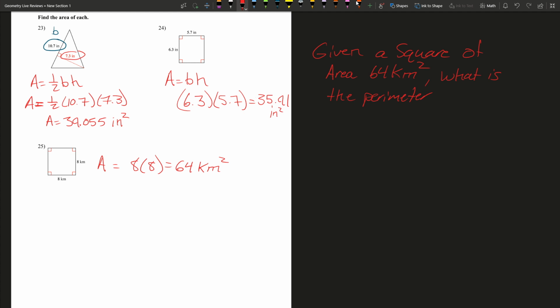Well, if we know the area is 64 kilometers squared, we know that's some side times itself. So S in this case would equal 8. So one side is 8 kilometers. That means each side is 8 kilometers. So the perimeter is 4 times 8, which is 32.